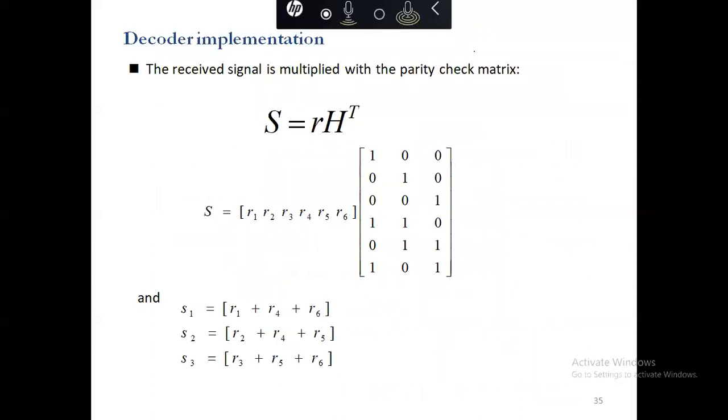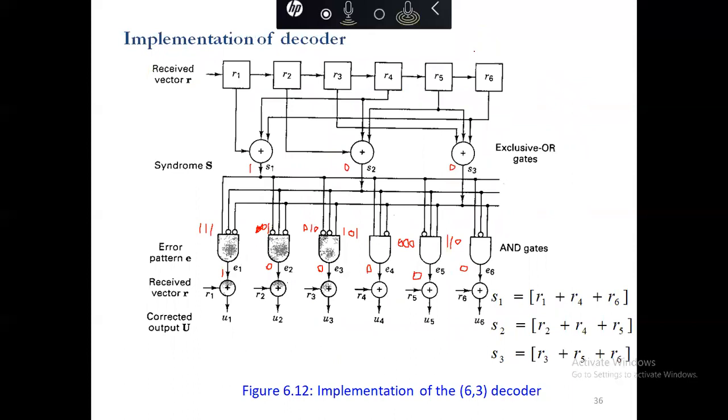So you get the corrected code word. Now see the lookup table. You need the received vector at two stages: first to calculate the syndrome, and second time to correct the code word.